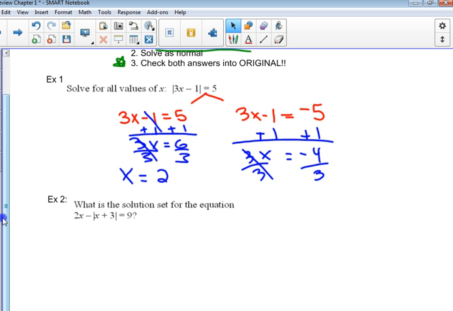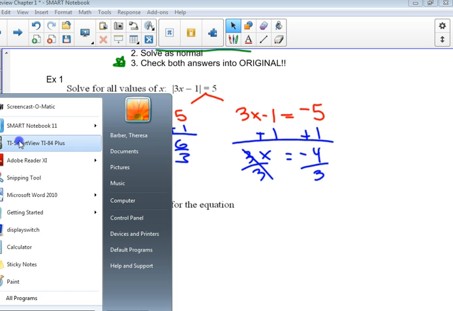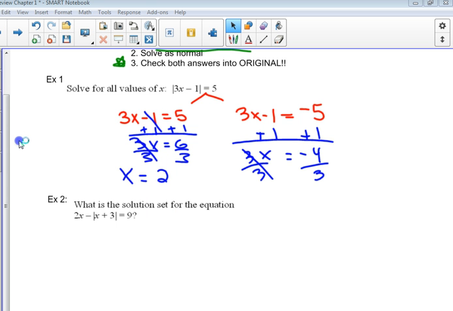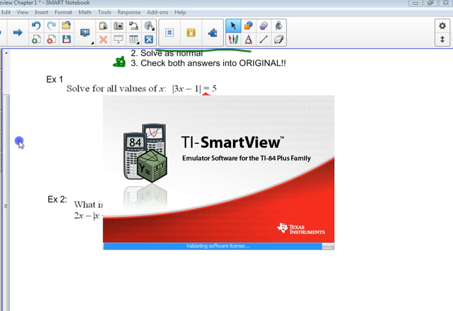Did you get 2 and negative 1/3? Right, good. I want to show you something cool on the new calculators. If you have an updated calculator, I think this is kind of a cool thing. Does everybody have an updated calculator?